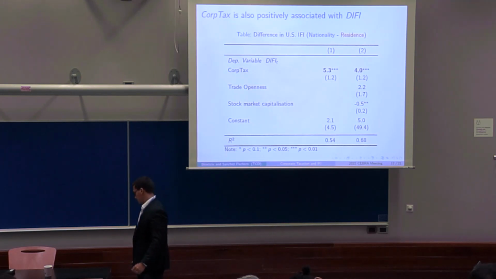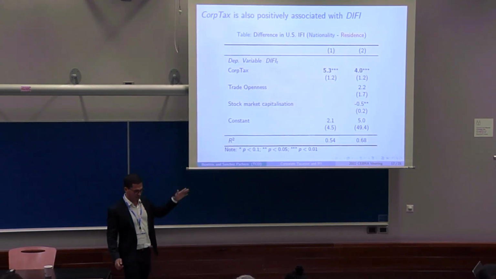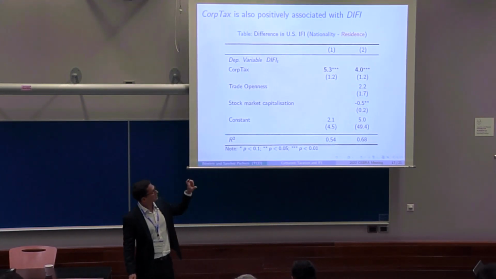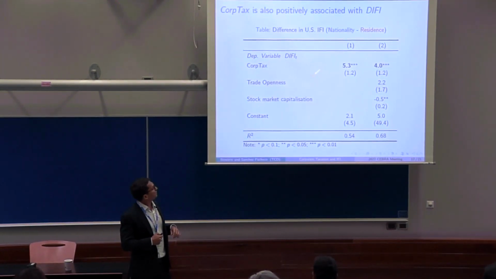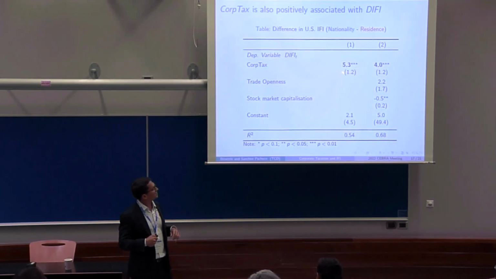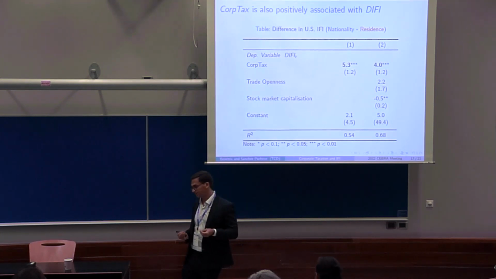Then we focus on the difference between the two measures of IFI, the larger nationality-based IFI and the smaller residence-based IFI. And we find a positive and statistically significant coefficient in these two specifications here. Now, what is this result telling me?